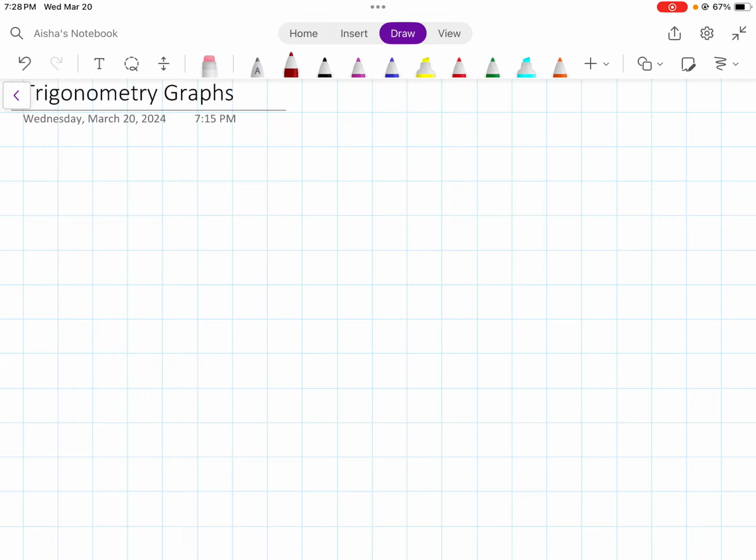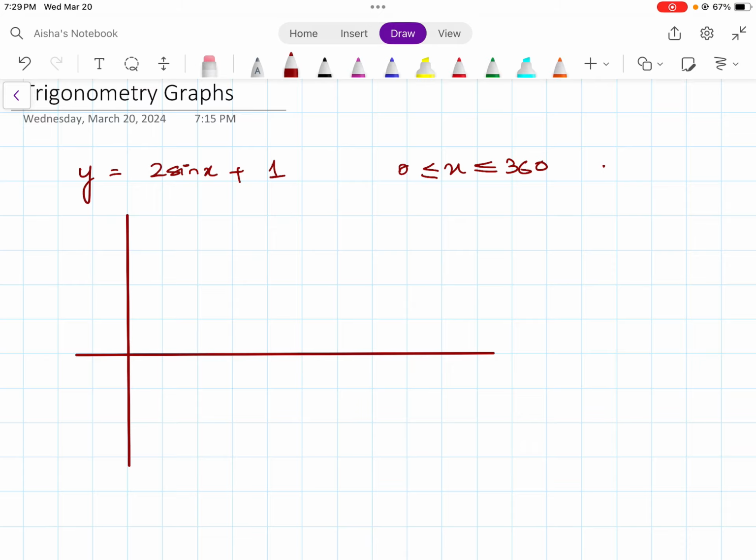Let's start with trigonometric graphs. For example, if you have to plot y equals 2 sine x plus 1 for x between 0 to 360, you should know the regular intervals are 90.